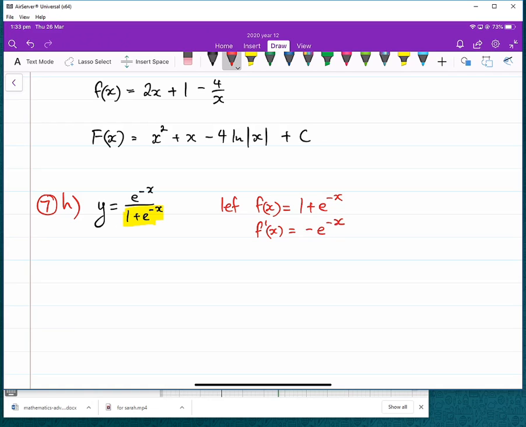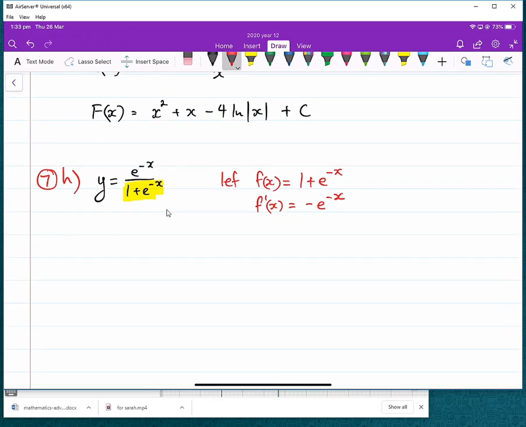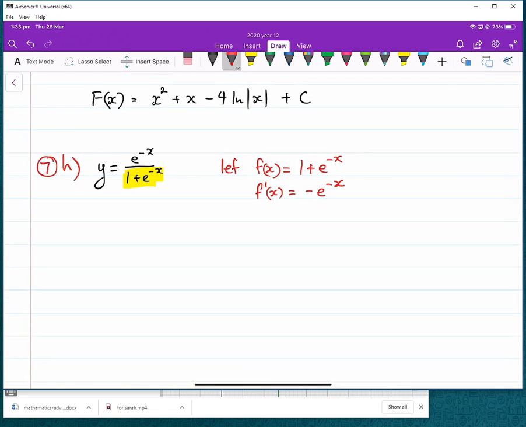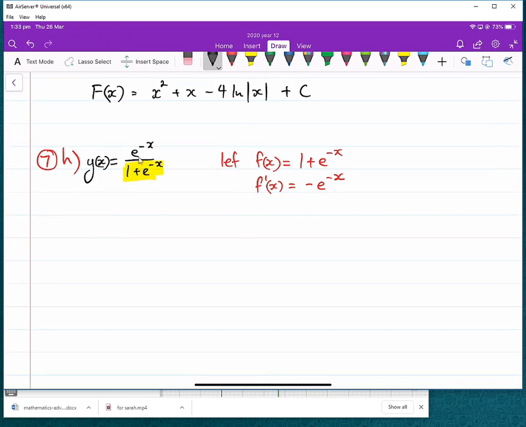Okay, so therefore, for this graph here, if we want to find the integral of this function, then what we would have to do is change this to a negative. Okay, so let's say I might say this is y of x, just so I can actually use our notation. So y of x is equal to this.